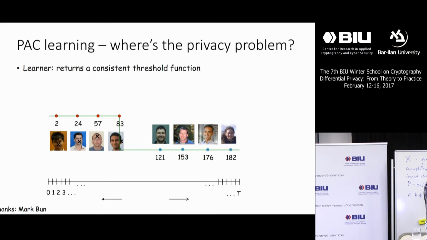And look at this case. Suppose we use the learner that we described earlier that just picks the rightmost point that is labeled 1, and outputs that as the hypothesis.